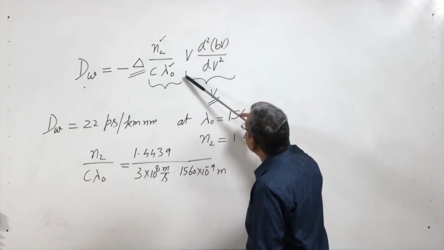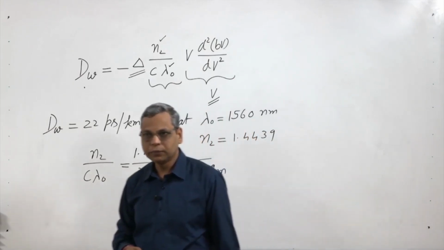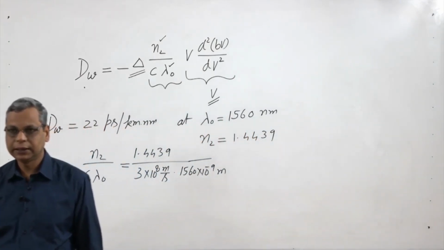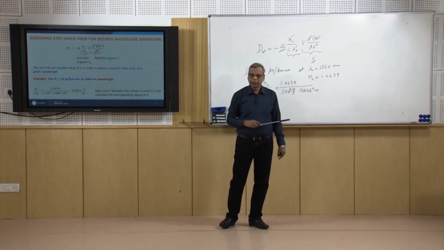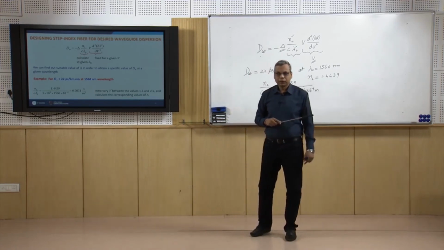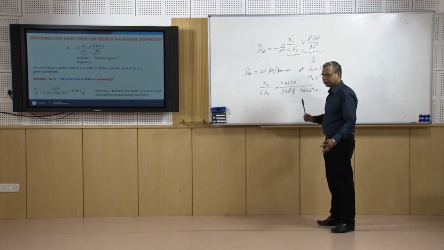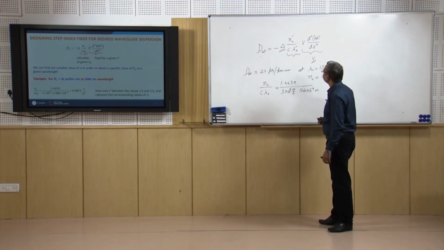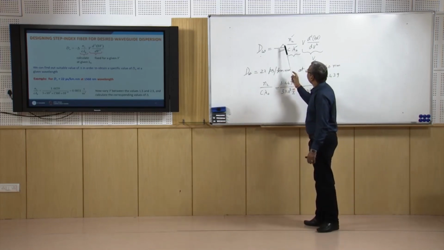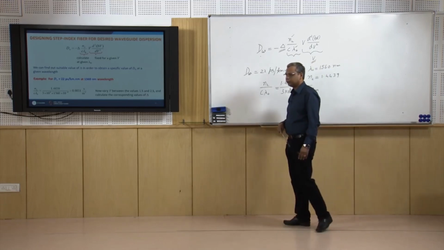and I get this V times d2bV over dV square, for example from Marcuse's formula, which I have shown in the previous lecture, that it gives you a much more accurate value of V times d2bV over dV square, for any given value of V lying between 1.5 and 2.5. So, I get this from Marcuse's formula and then vary delta and calculate delta in order to obtain dW equal to 22 picoseconds per kilometer nanometer.